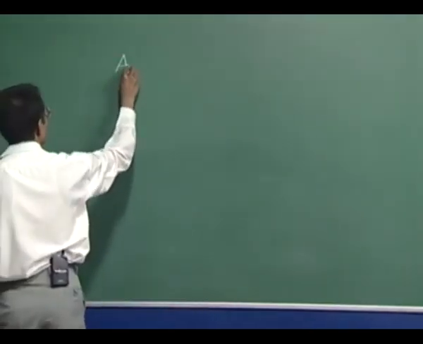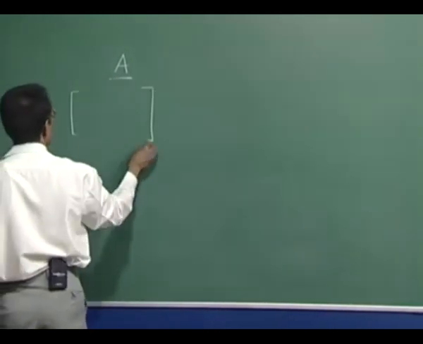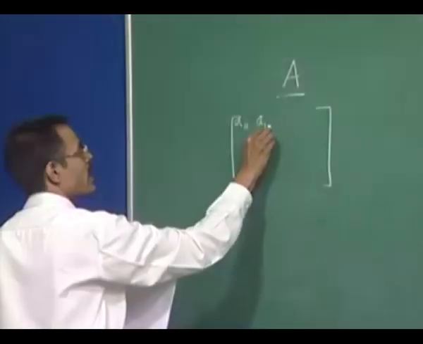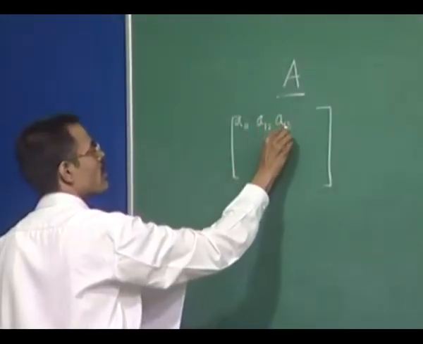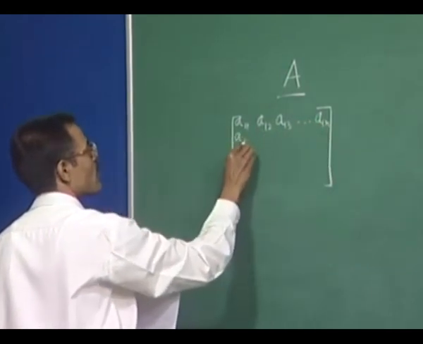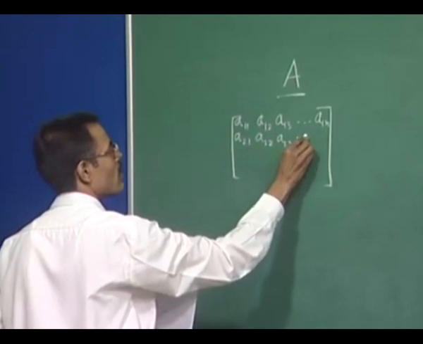Matrix A is given like this. It is a rectangular array of elements.